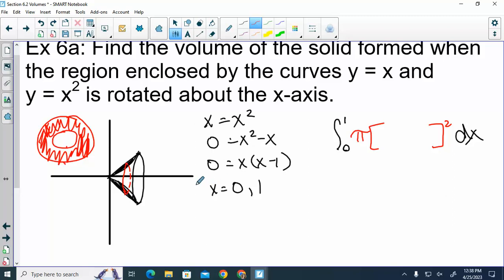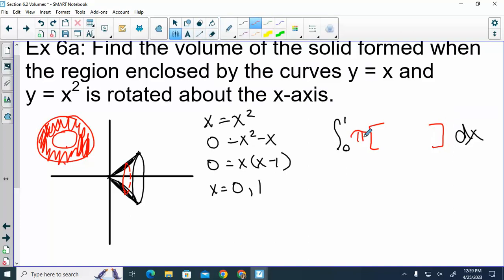But we need to be a little more careful. When we go to set this up, we don't want to square the whole thing. We want to think of it as, all right, we have an outside function, so we'll do that circle and then subtract off the inside circle.